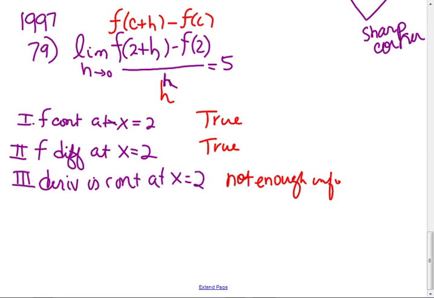No, that's the derivative, which means at 2, this derivative exists. That doesn't mean that the derivative is continuous there. That's hard. So that's one where you have to use the definition of a derivative. And there's a whole bunch more. Everything is tested. The definition of a derivative will be tested. It'll be a multiple choice question or it'll be free response.